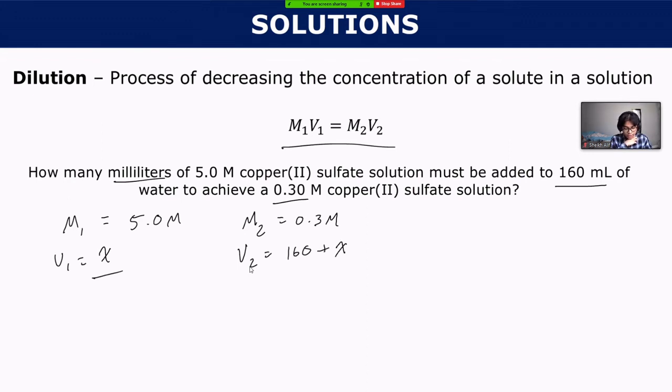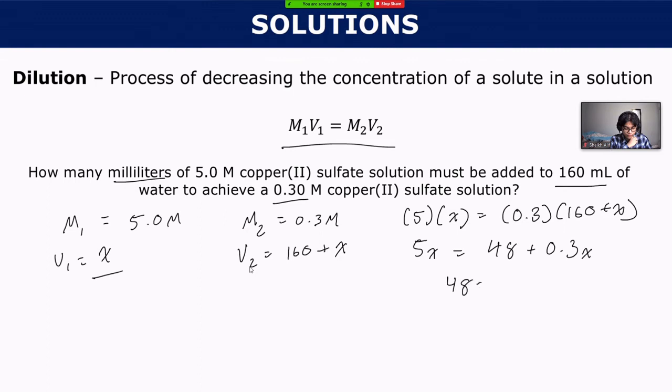And then if we just plug this in and solve for X, we are going to get, let me do the math, that the initial solution that was added is about 10.2 milliliters.